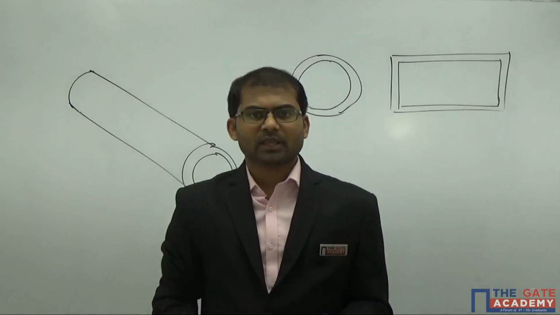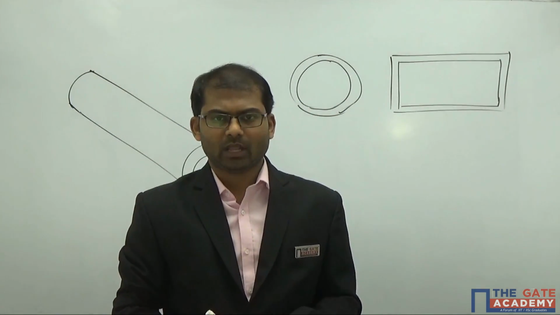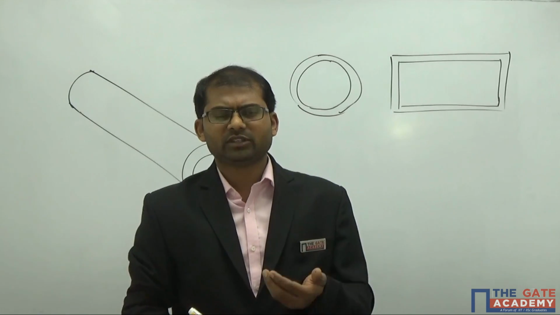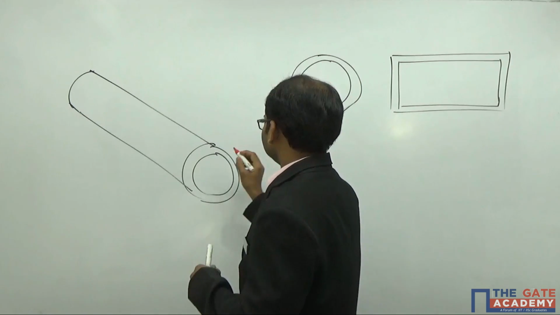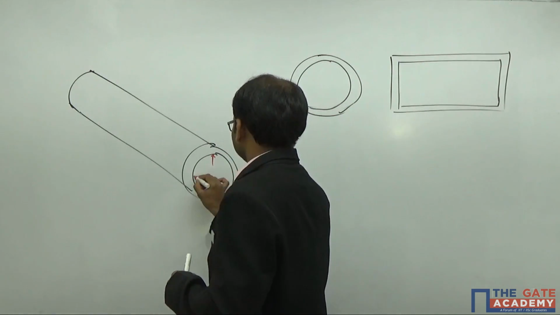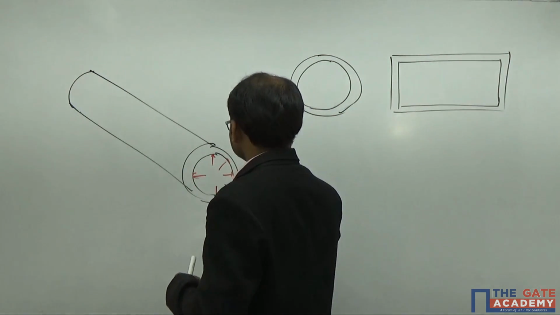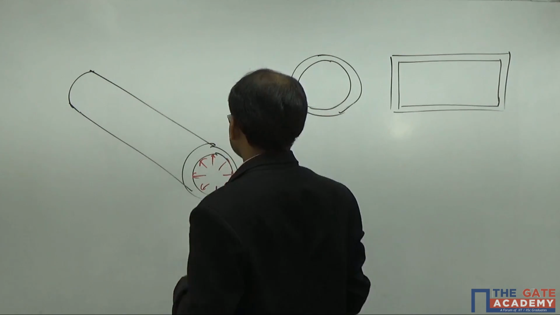This one is experiencing some internal pressure, maybe because of a fluid which is of a gas type or a liquid type. The intensity of the pressure is shown using these arrow marks here.